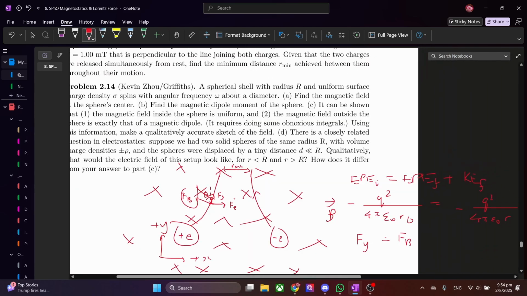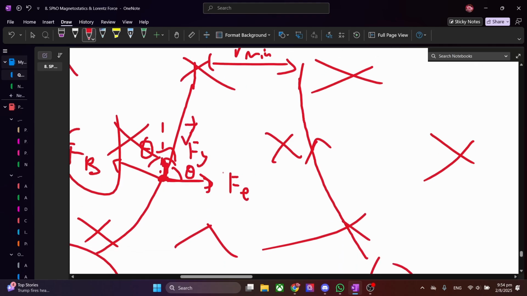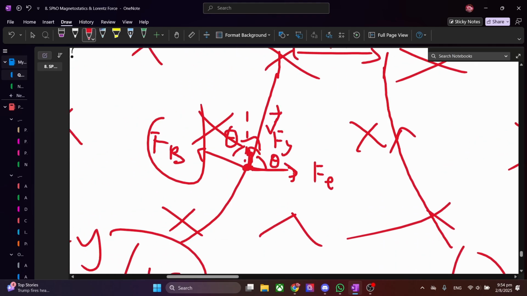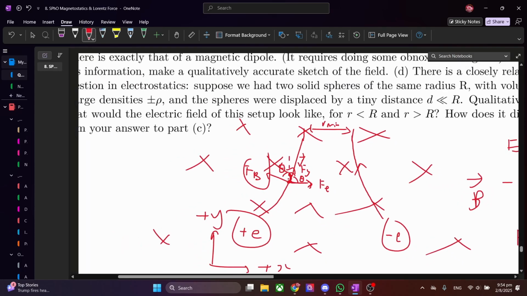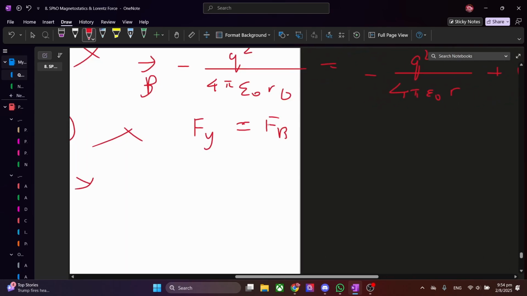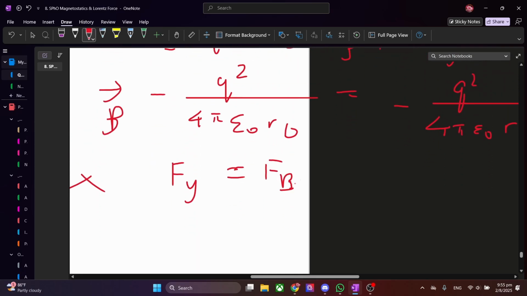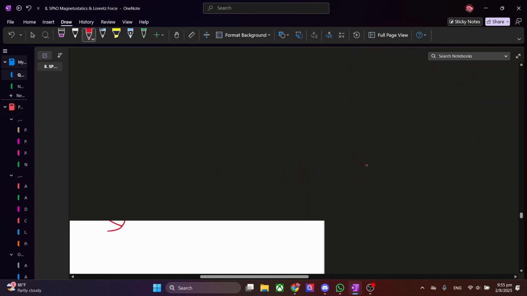This angle is also the same as the angle between your velocity and the electric force, because if you take this electric force and rotate it 90 degrees, and take the velocity and rotate it 90 degrees, the angle is preserved. I hope it makes sense why these angles are the same. Anyway, we get that this y component of the force is going to be your magnetic force multiplied by cosine of theta.